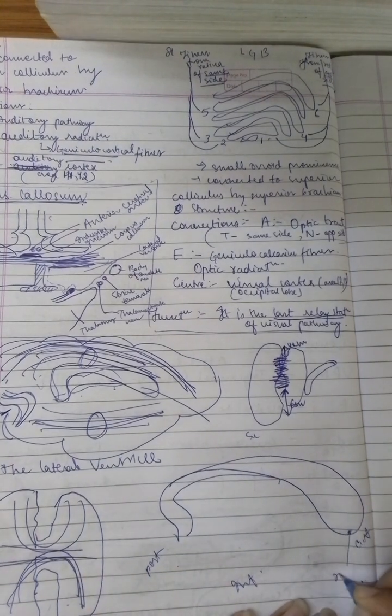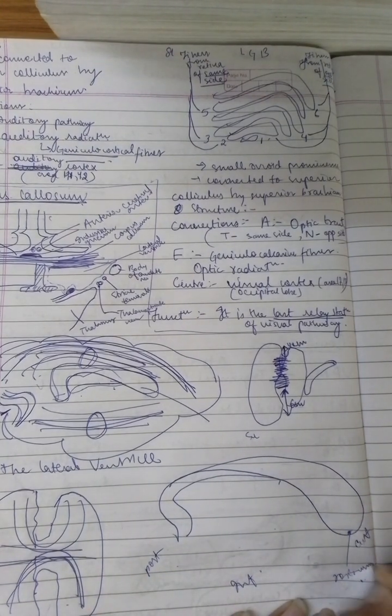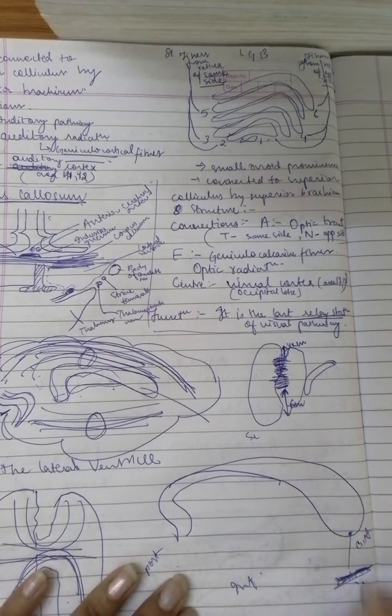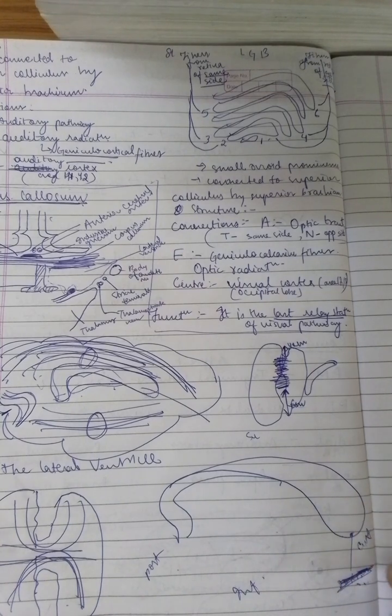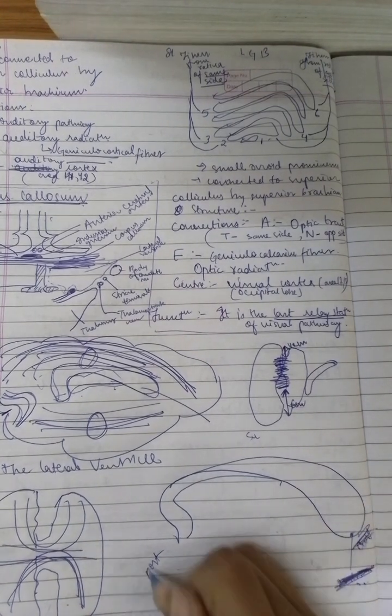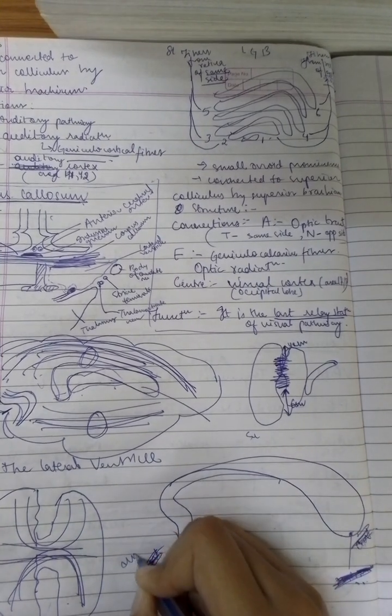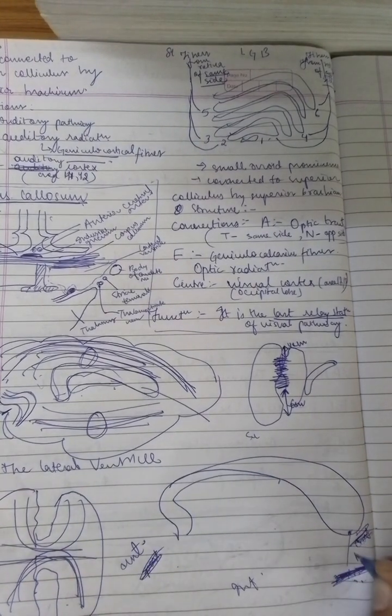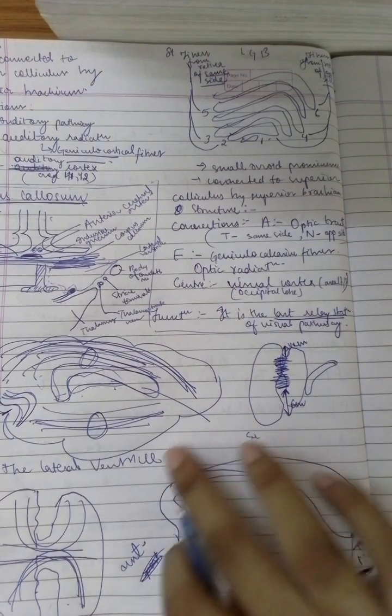One is called rostrum. Rostrum is here, so this part is rostrum. I made a mistake. This is the anterior end, this is the posterior end, and this is how the genu looks.